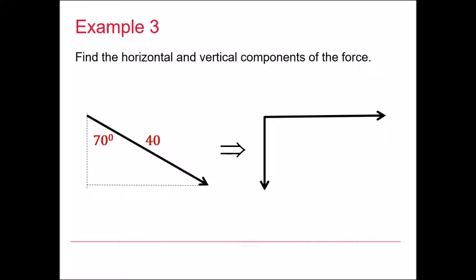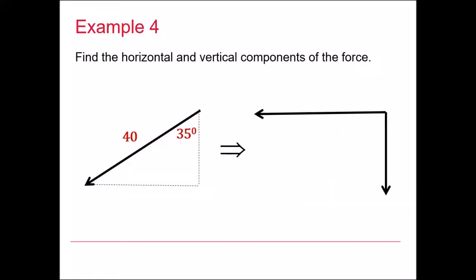Here's a more complicated one where the angle is not in quite the same place, but again we can always draw a triangle as there, and the same simple analysis leads to components in the same way. If the angle is placed like that and the force is in a direction quite different from the original one, we can deal with that by considering either that one of the components, as in this case the horizontal direction, is in the opposite sense, or you can keep it in the same sense and call it negative.